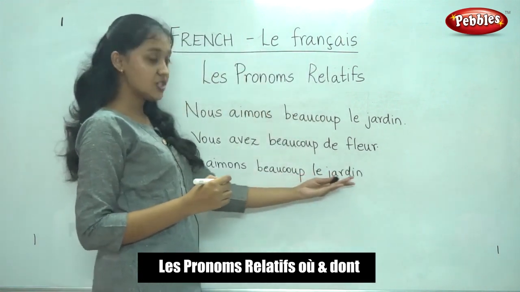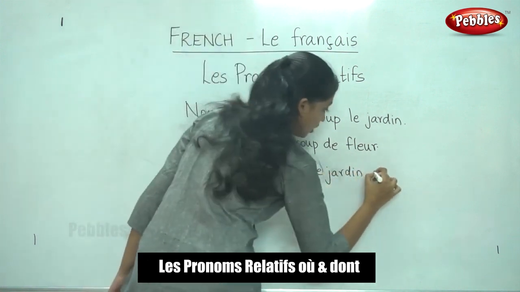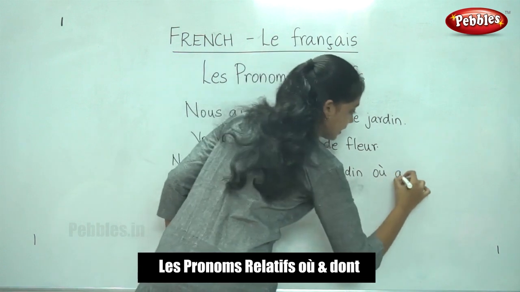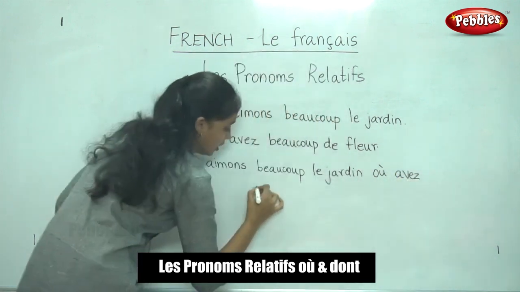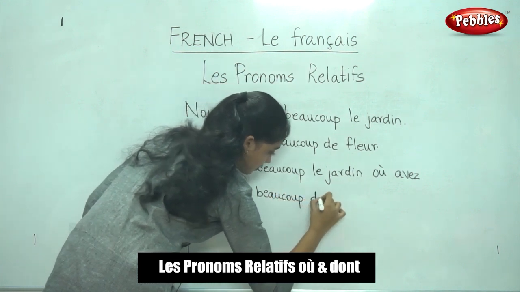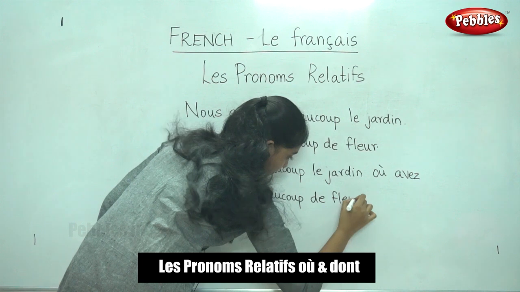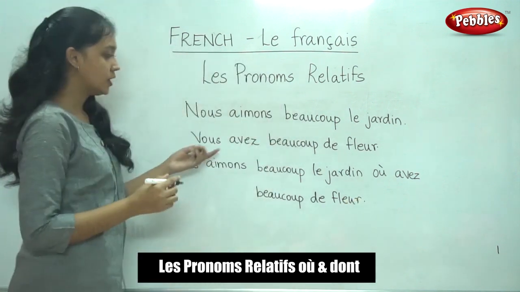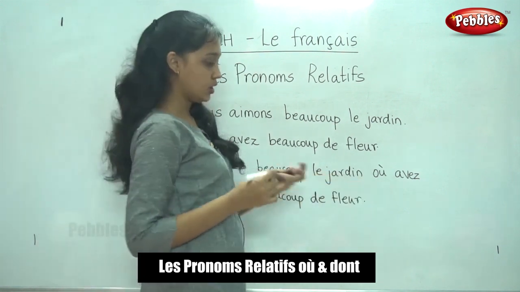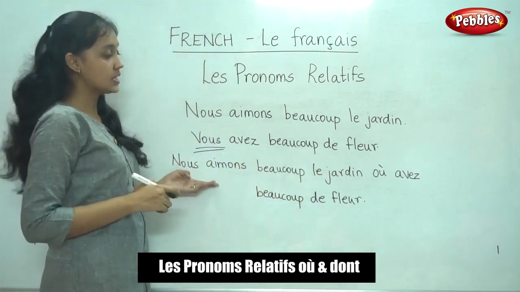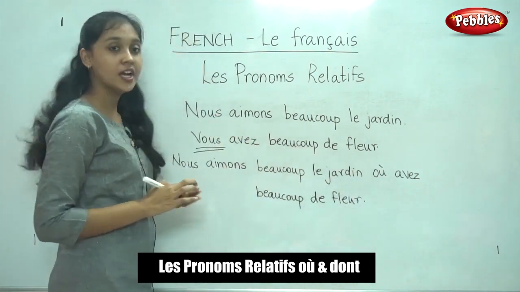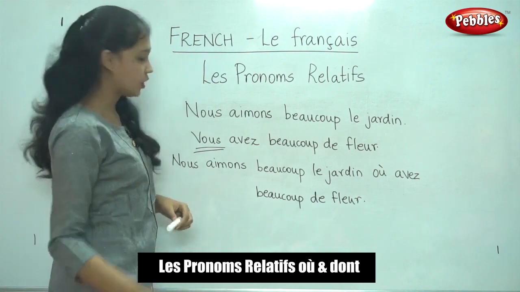We like very much the garden where there are a lot of flowers. So instead of vous, we are using ou. So this is how we use the relative pronoun ou. So I hope you understood this. Now shall we move on to the next pronoun?